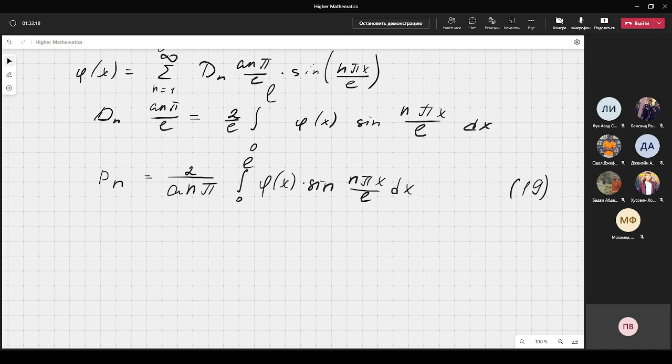Solving the problem for the wave equation by a different method, we can prove that the series 16 is a solution even when it does not admit term-wise differentiation. In this case, the function f of x must be twice differentiable, and phi of x must be once differentiable.